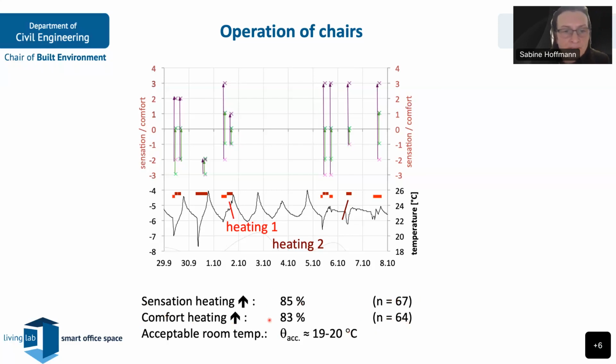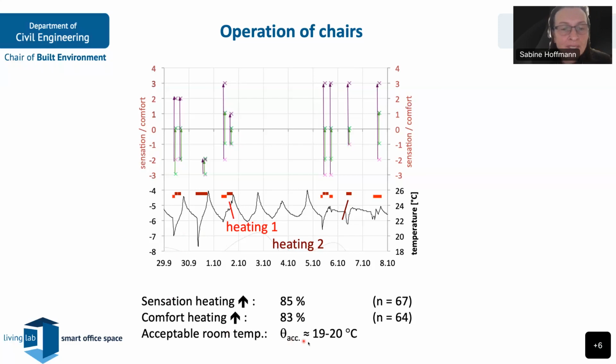As we recorded the room temperatures in all of the rooms where people would use chairs, we could tell that an acceptable room temperature was still possible at around 19 to 20 degrees C if people were provided with these chairs. However, below 19 degrees C, people would complain about cold hands and cold feet.